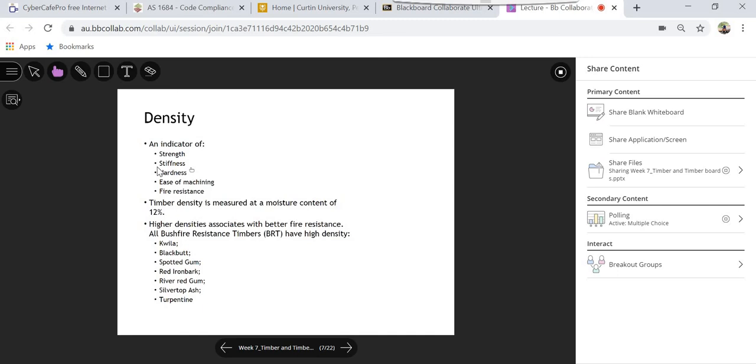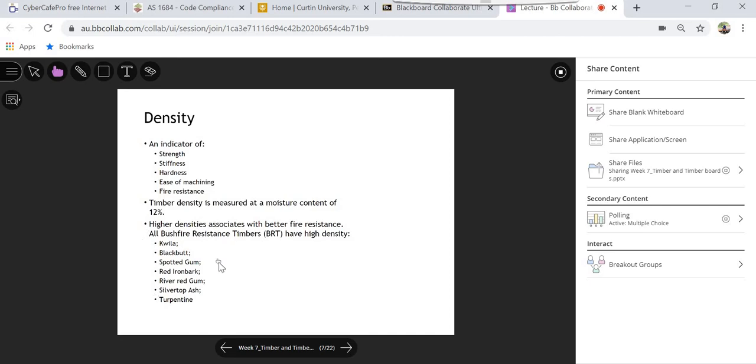So if the density is higher, the hardness is higher also, which is another good thing. And fire resistance wise, higher density will lead to better fire resistance also. In Australia, we have bushfire resistant timber that we should use for construction in bushfire zones, which we normally call BRT.